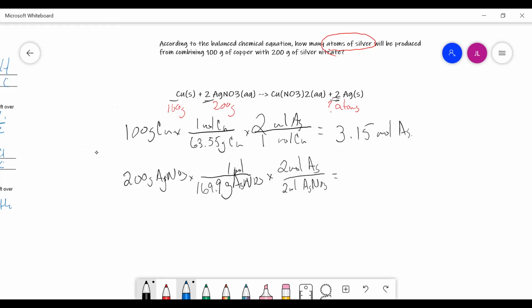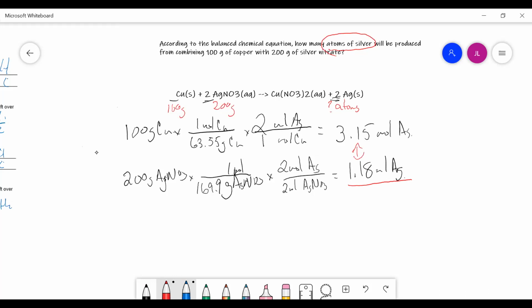So 200 divided by 169.9 times 2 divided by 2 gives me 1.18 moles of silver. Comparing these two, our smaller one is 1.18, so that is how many moles of silver we're going to produce, because at that point silver nitrate runs out and our copper is left in excess.